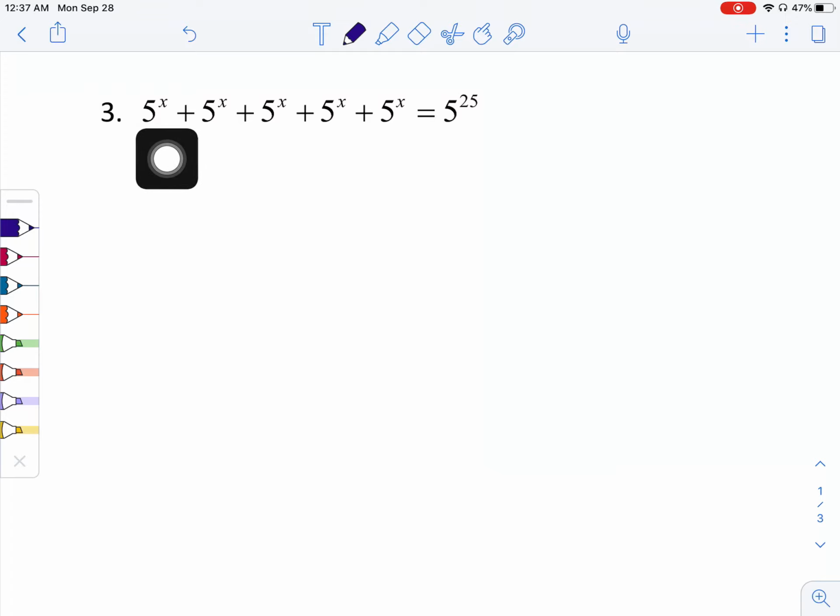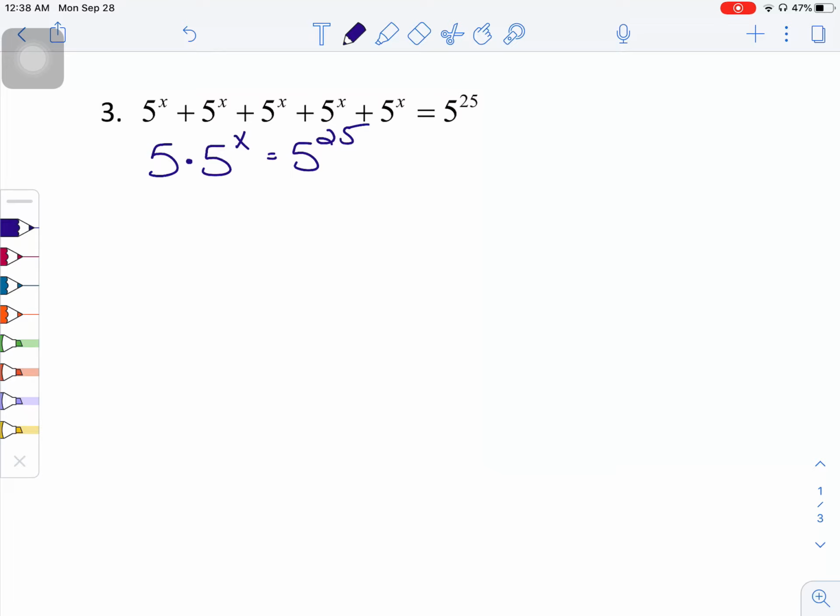So we have 1, 2, 3, 4, 5, 5 to the x's. So instead of writing it out as an addition problem, what I'm going to say instead is that this is really 5 times 5 to the x. And the equal to 5 to the 25th power just comes from the other side of the problem.